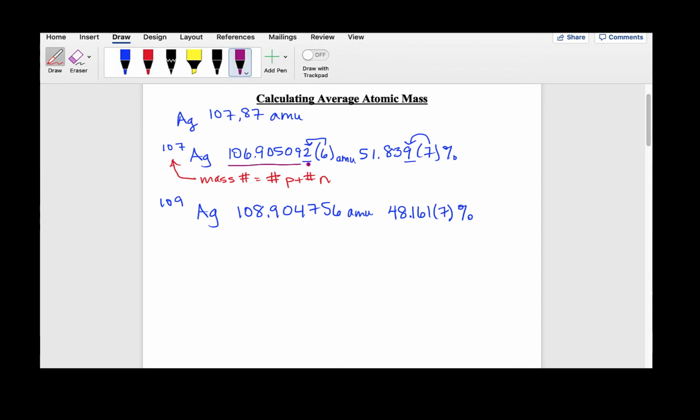So if we want to calculate the average atomic mass, we're going to take the mass of each of the naturally occurring isotopes and multiply it by the percent abundance only in decimal form.